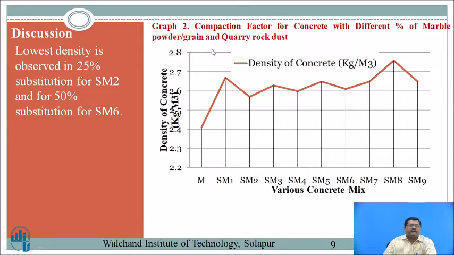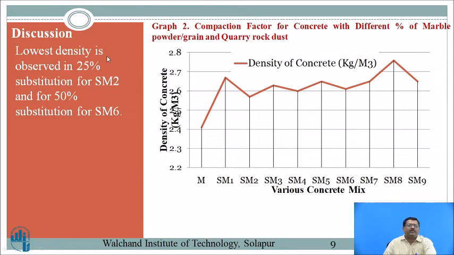Now, this is the graph which shows workability versus density. This relationship is established, where workability means the compaction factor is taken, for concrete with different percentages of marble powder and quarry rock dust.